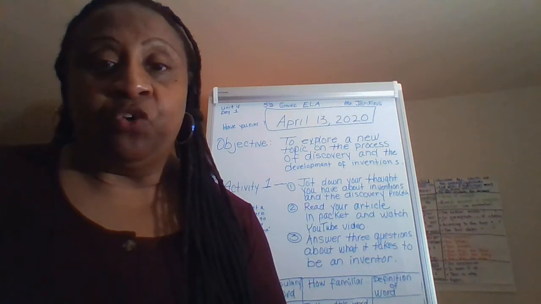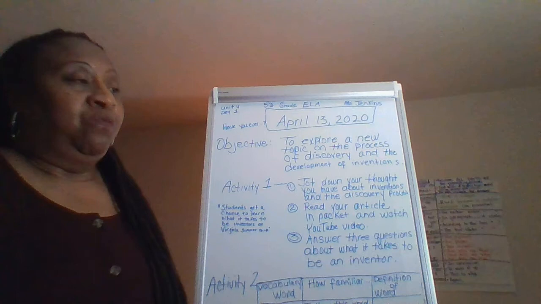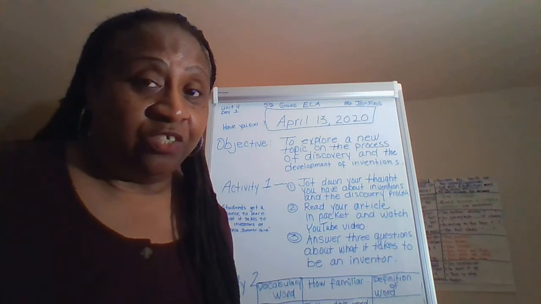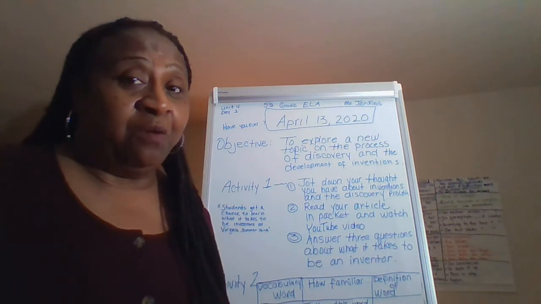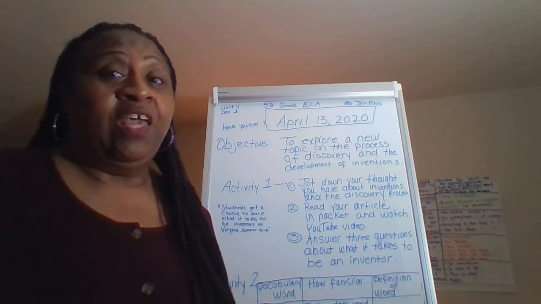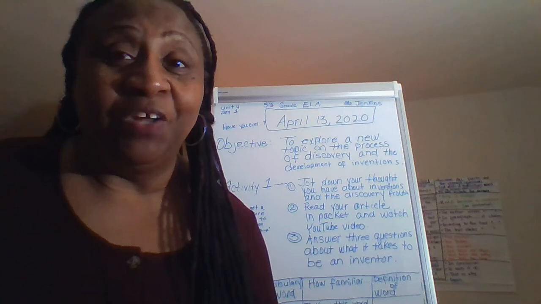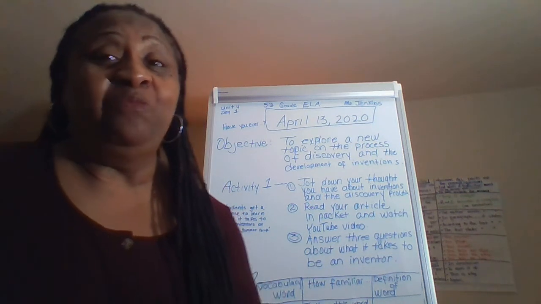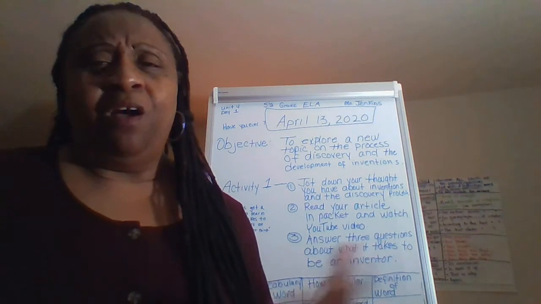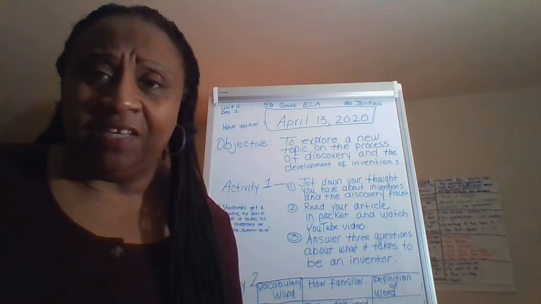So I want you to go ahead and pay attention to your article, your video, read and enjoy it. Jot down some notes as you're watching that video, because I'm really interested in knowing what things you saw in that video that maybe you have thought about considering doing at some point in time. And when you watch the video, you may come up with something and think, oh yeah, this is something that I've wanted to do, but I just didn't know how to get started.